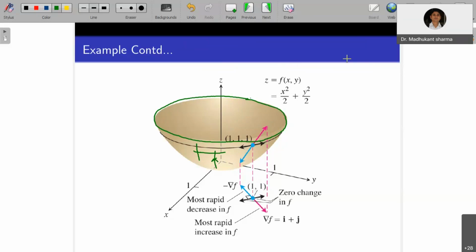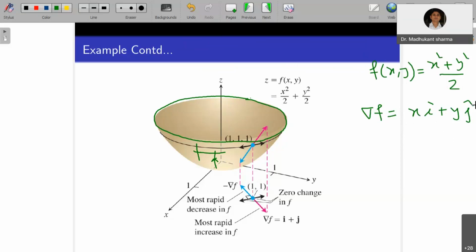So your f is given to you, f of x comma y is x square plus y square by 2. So it will increase most rapidly in the direction of grad f. The grad f you can identify, that's going to be x i plus y j, if you recall.